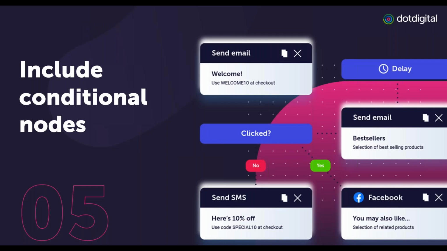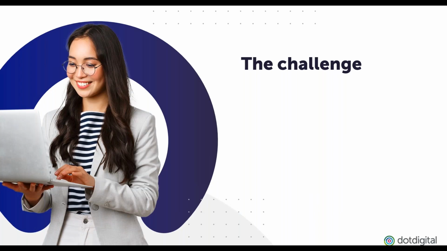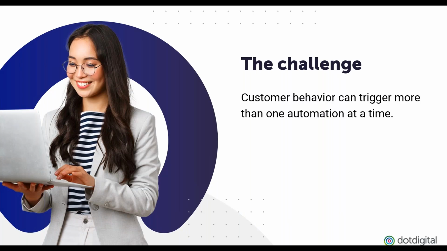Our fifth point, or tip, in fact, to make your automation smarter is to include conditional nodes in your automation programs. Now, conditional nodes, where's the challenge here? Customers may exhibit behavior that would trigger more than one automation within a short time frame.